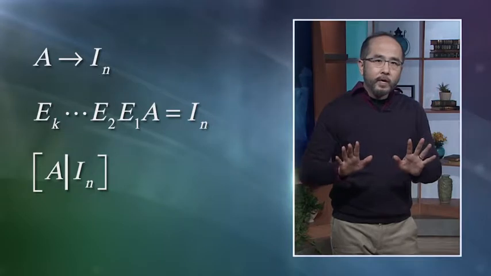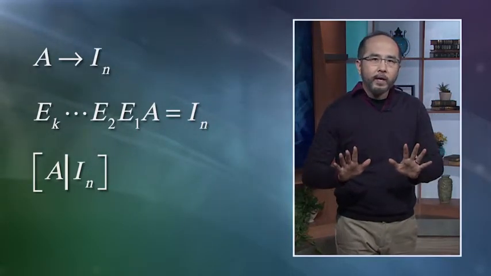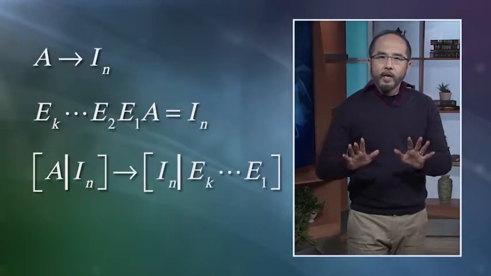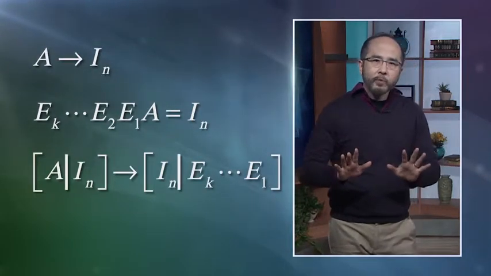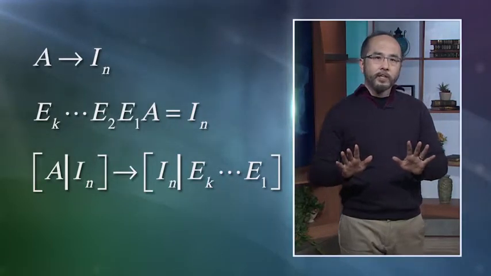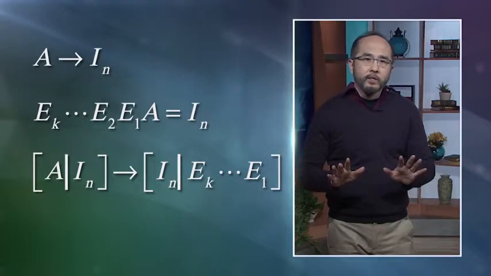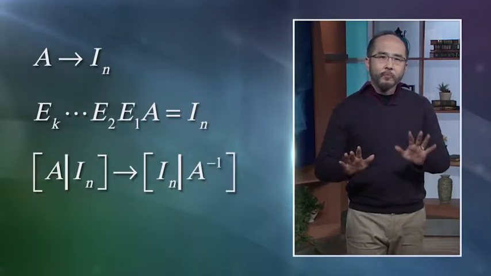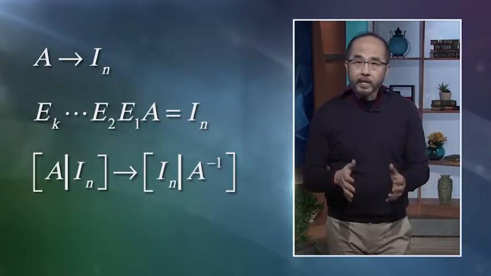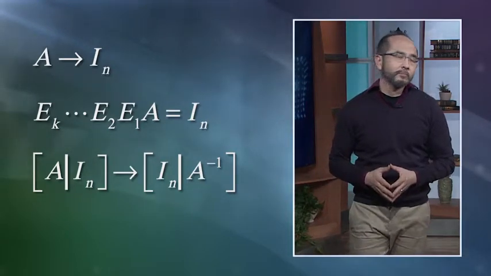And the goal is to put the left side in reduced row echelon form, and if A is invertible, this will be the identity matrix. If we can do that, then the right side will be the product of those elementary matrices, because they must be the product of the elementary matrices with the identity. So the right-hand side has to be the inverse of A by the time you're done with this procedure. And this shows us a way to find the inverse of a matrix.